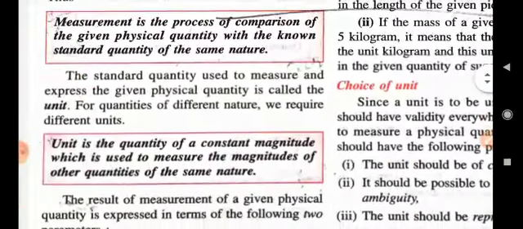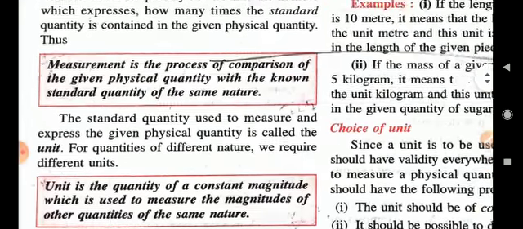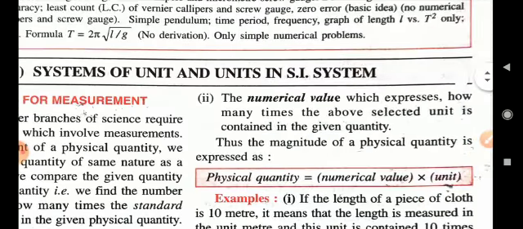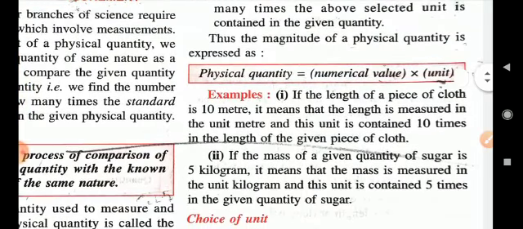Important point, the unit in which the quantity is being measured. The second point, the numerical value which expresses how many times the selected unit is contained in the given quantity. Thus the magnitude of a physical quantity is expressed as physical quantity equals numerical value into unit.